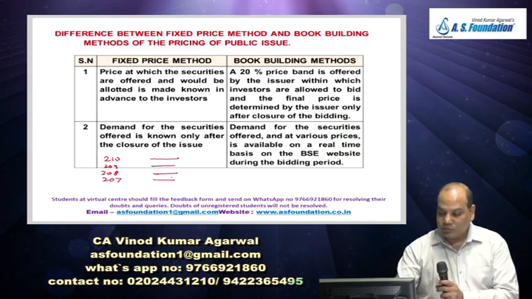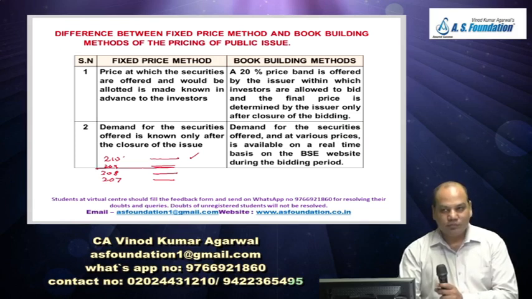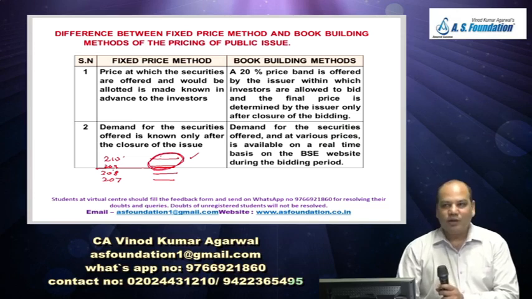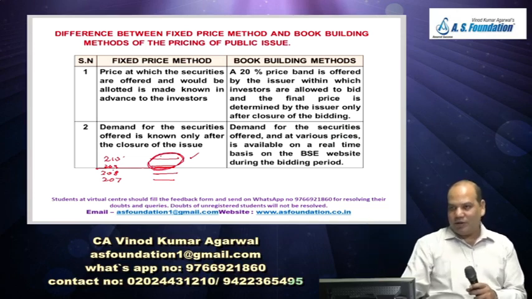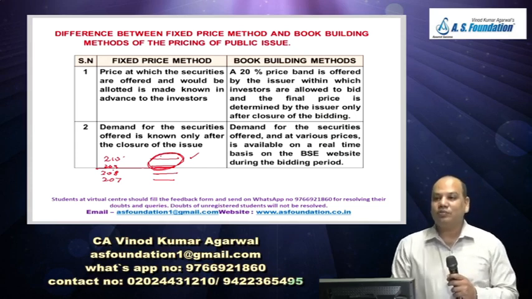What they will try to do: if at 210 they are able to get whatever amount they want, suppose there are many applicants at 210, they will close the issue at 210. But if at 210 it is not sufficient, then they will take 209. In that case, they will add both the numbers of shares, multiply by 209, and if that is sufficient for their requirement, they will lock it at 209.